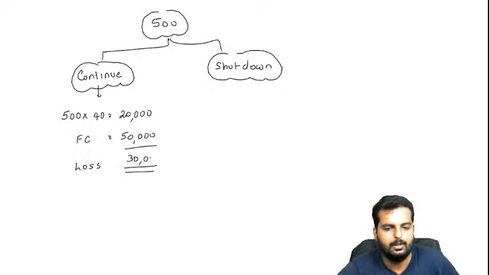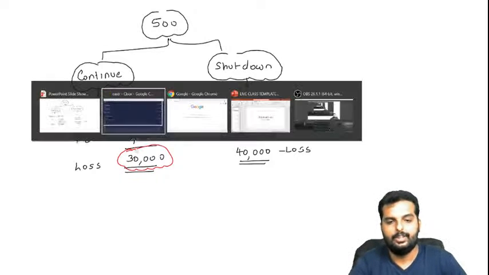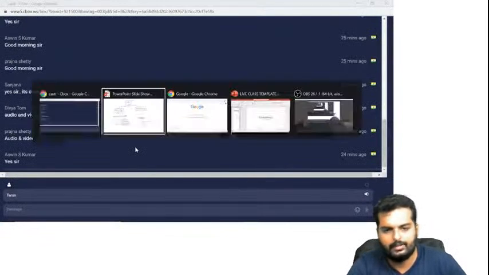It will be 30,000. But if I shut down, my contribution will become 0. My fixed cost will remain at how much? 40,000. What will be my loss in this case? 40,000. Okay. So which is a better option? Should I continue or should I shut down? By continuing, my loss is going to be less. Hence, I should continue. Can you please write down till here in your books now, friends?